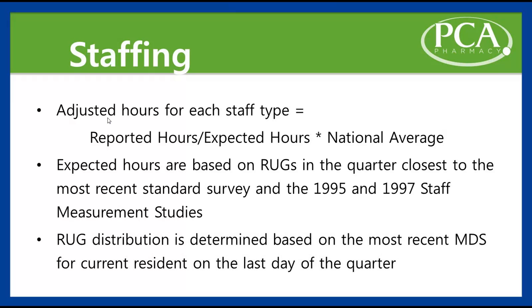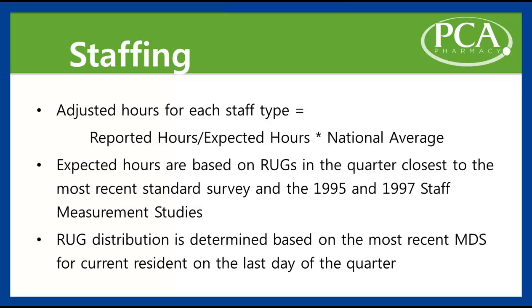The most recent RUG category distribution is done for every facility on the last business day of the last month of the quarter. What they do is they select a target date. That target date is 7 days before their most recent annual survey. They do this because CASPER covers the 2 weeks prior to that survey, and 7 days is the midpoint.